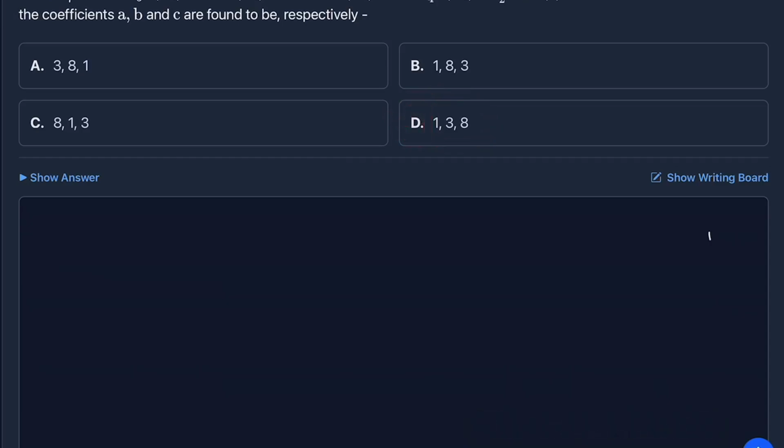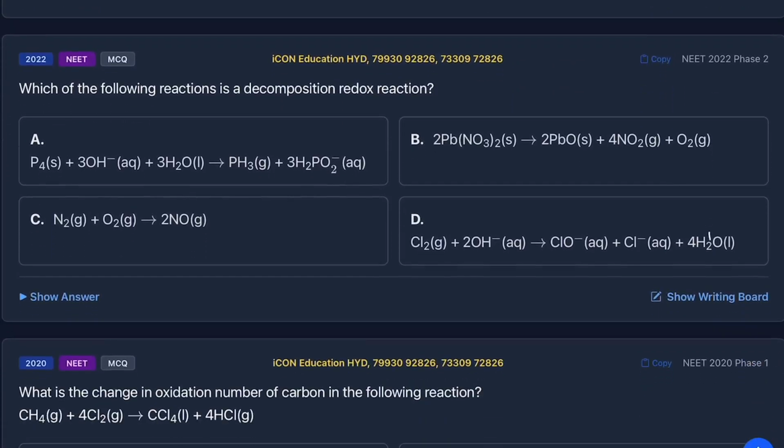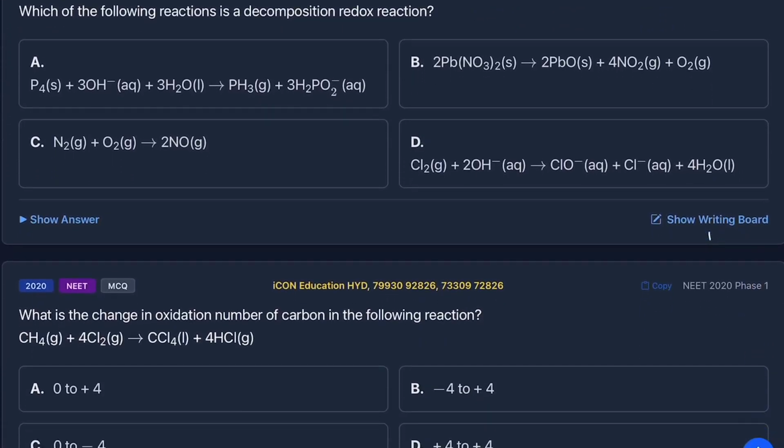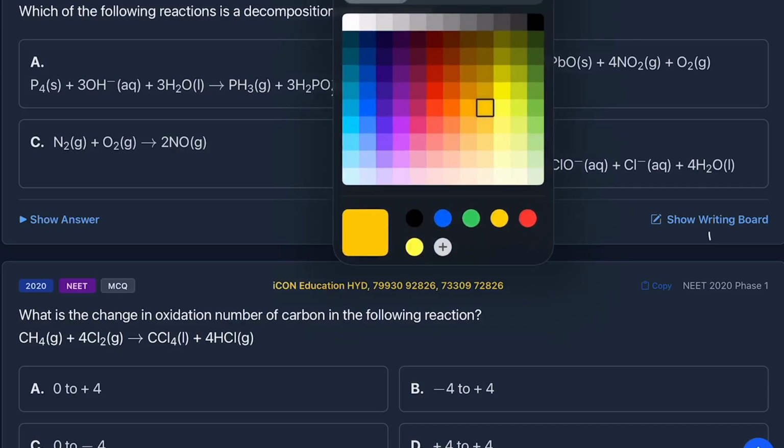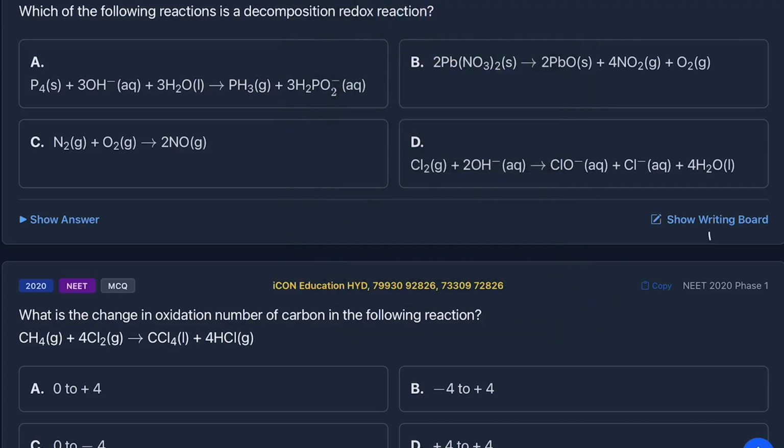So next, let us move towards the next question: which of the following reactions is a decomposition redox reaction? They are asking about a decomposition redox reaction. First of all, we have to know what a decomposition redox reaction is.